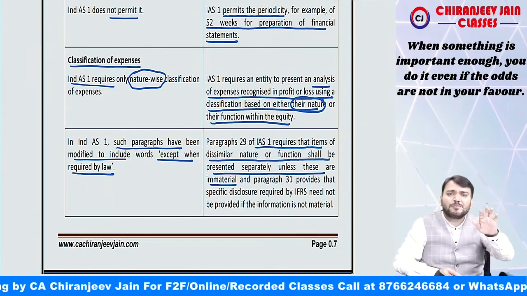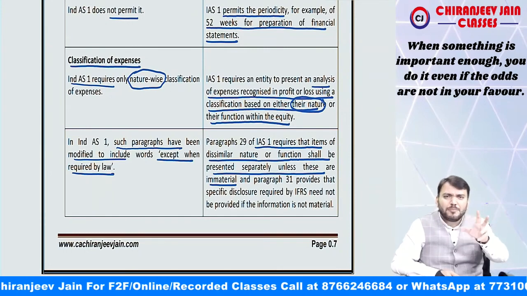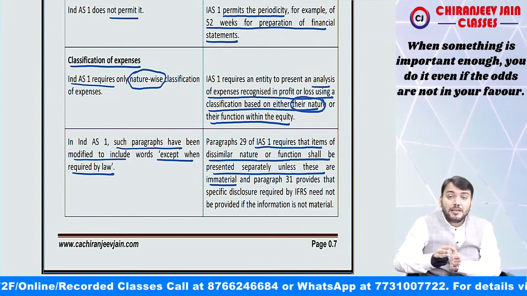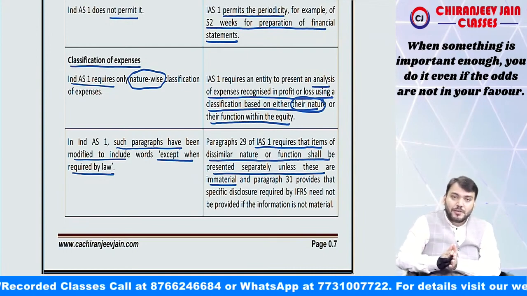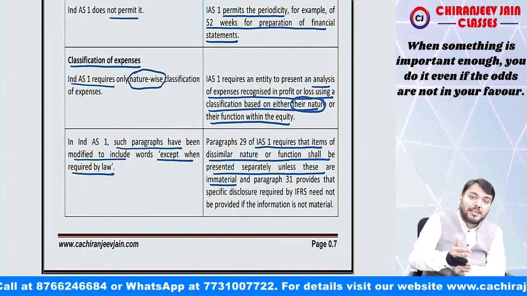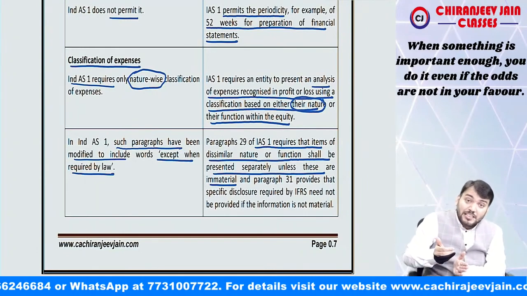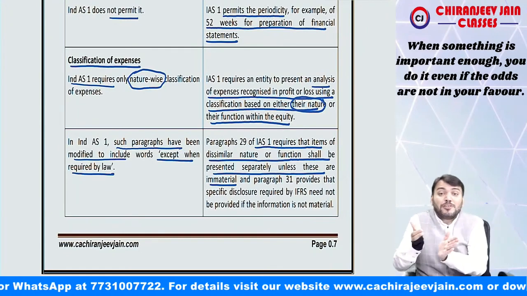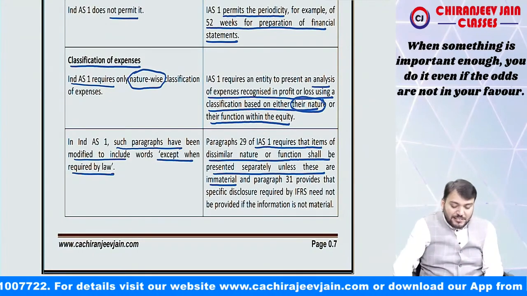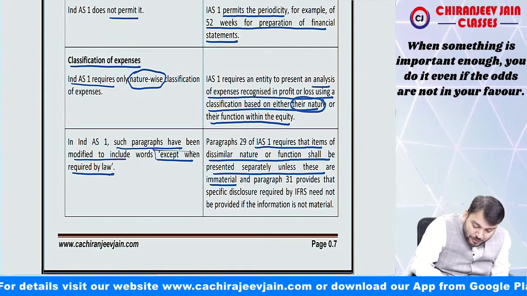For example, as per Schedule 3 of the Companies Act, interest expense, director's remuneration, auditor fees need to be disclosed separately. Means it needs to be disclosed separately even though the amount is immaterial as per the requirement of Schedule 3. So therefore this phrase has been added, except when required by law.